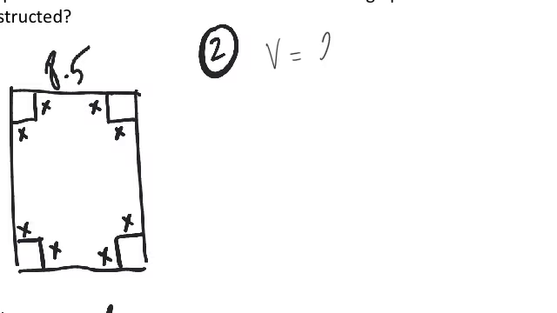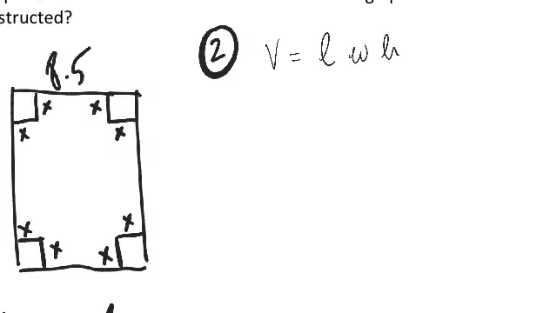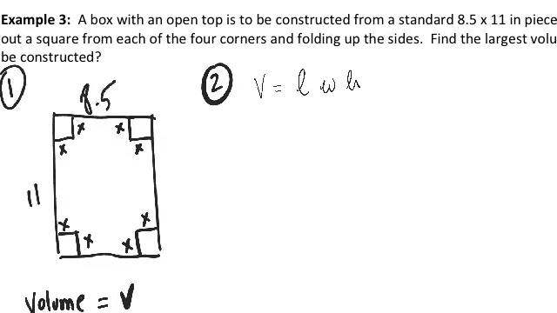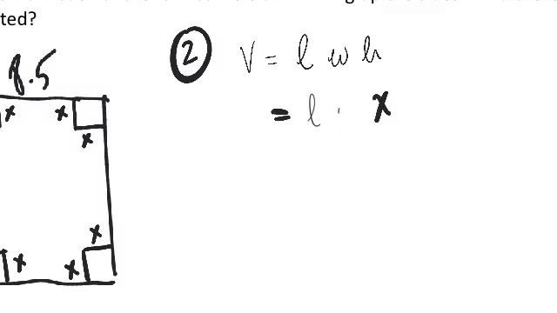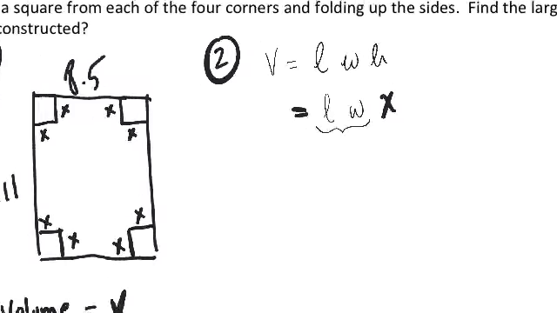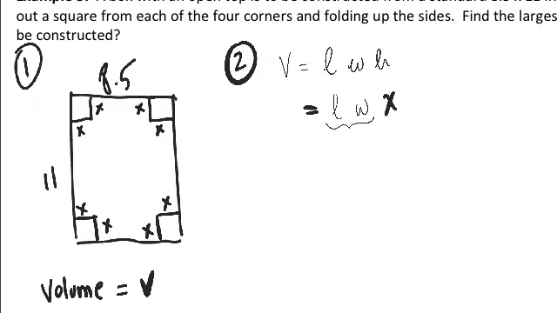In general, V is going to be length times width times height. I'm going to use the geometry of the situation to realize that the height will be X. So I have L, W, and X. L and W are not names that I have in my picture. I have to get rid of them. And I'll get rid of them by realizing that L is equal to 11 minus 2x, and W is equal to 8.5 minus 2x.